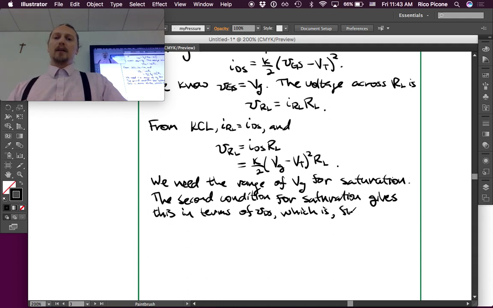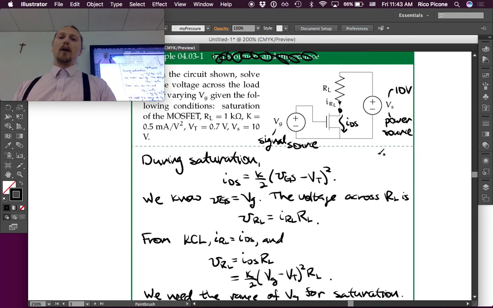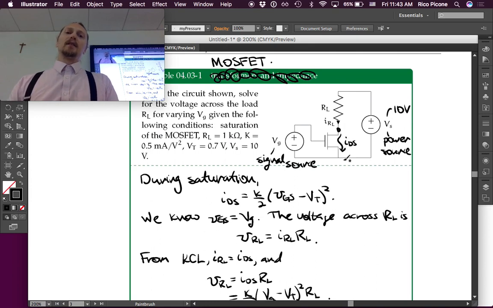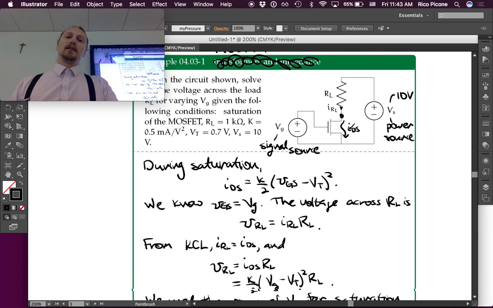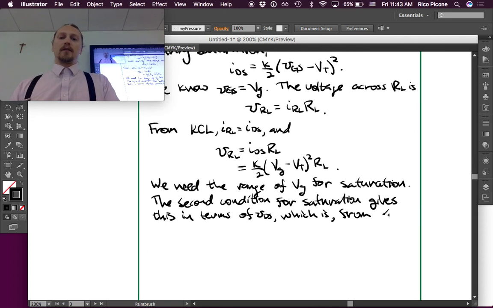And how are we going to determine it? How are we going to decide what VDS is? KVL, because we can write it in terms of VS and VRL, right? So from KVL, we can say that VDS is equal to VS, the power source, minus VRL, the load voltage.